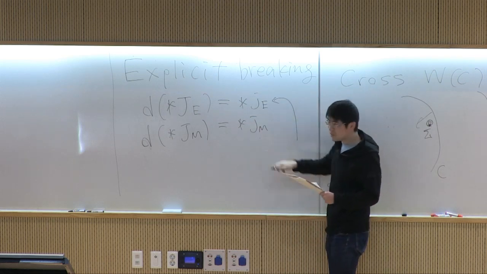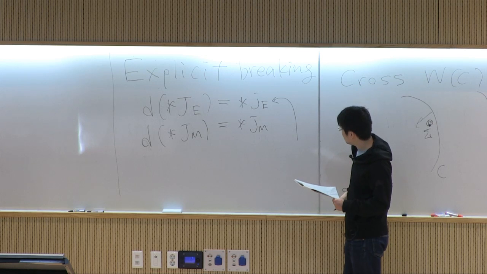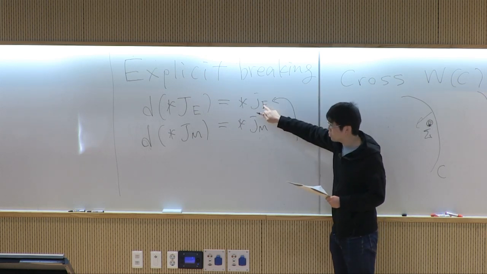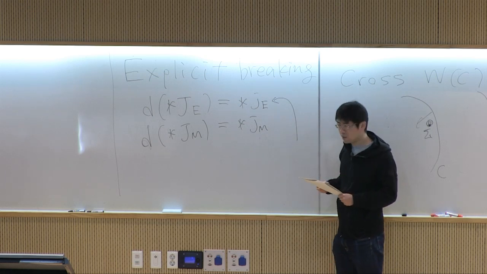Here, this small j is just the usual electric current. For example, this is produced by electrons, muons, and so on.